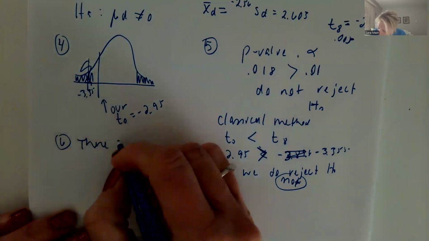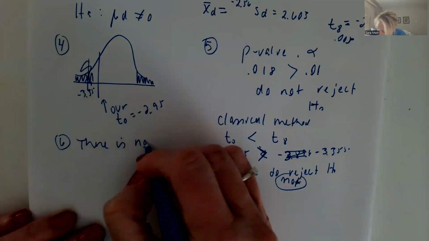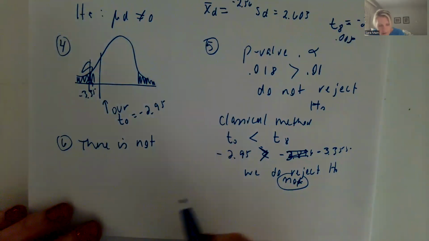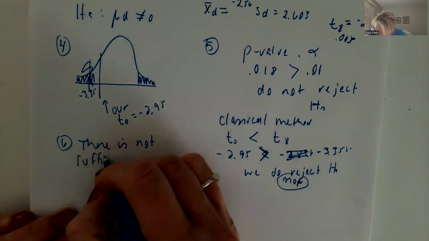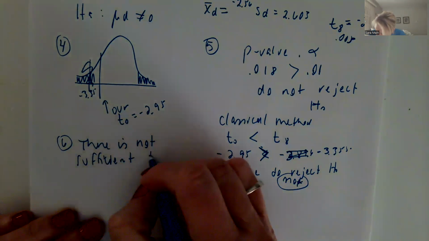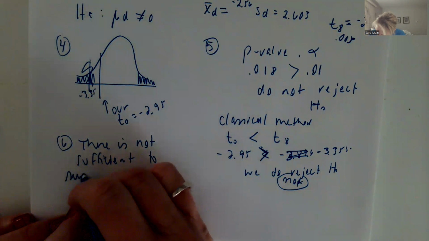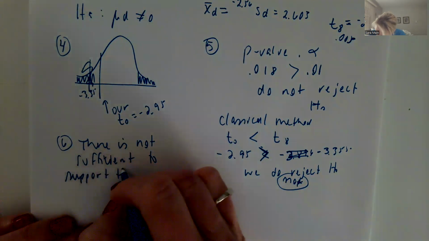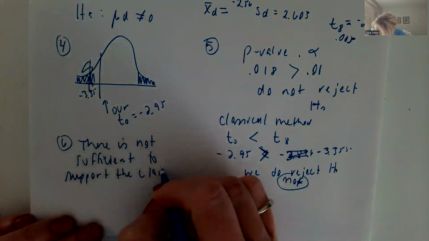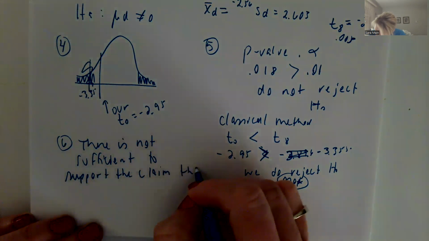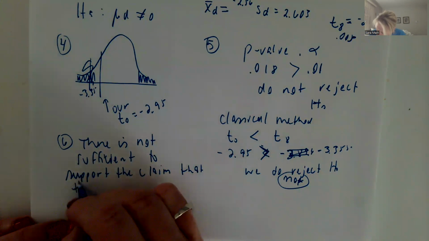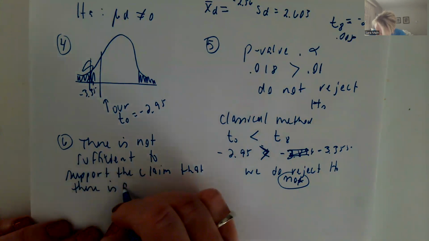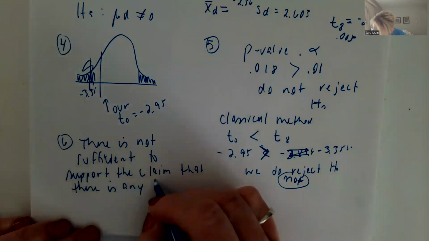Also, when you're writing out your step 6, we don't write there is insufficient evidence. It is there is not sufficient evidence to support the claim that there is any difference in the compensation plans.